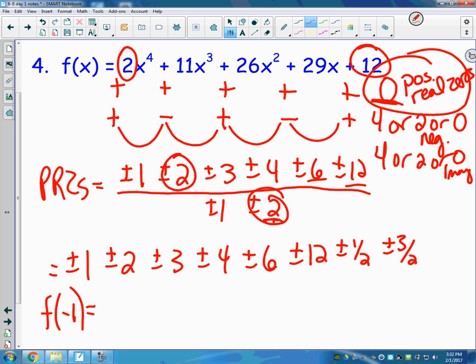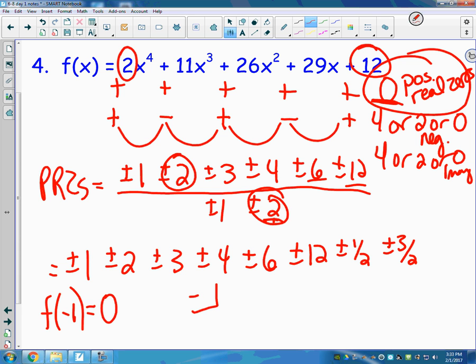And I'm just going to use my calculator because I'm tired, right? So if I check -1, I would get 2 minus 11 plus 26 minus 29 plus 12. Oh, hallelujah. I got 0 when I plugged that in. But here's what I want to show you. What's different about when it's to the 4th power?